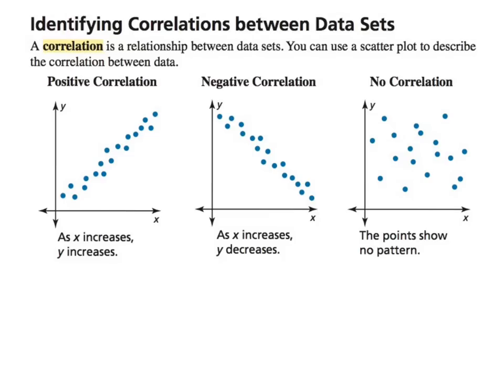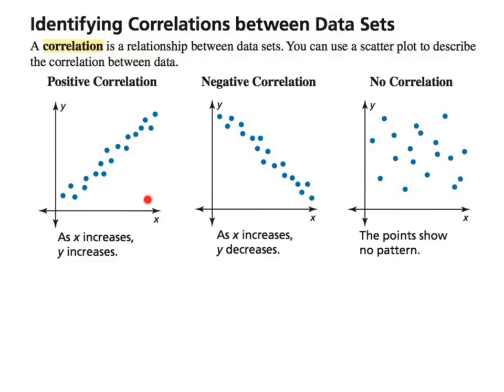So, identifying correlations between data sets. If you have a scatter plot and all of those dots form a pattern, that's what we're looking at. A correlation is a relationship between data sets. You can use a scatter plot to describe the correlation. A positive slope would be a positive correlation.